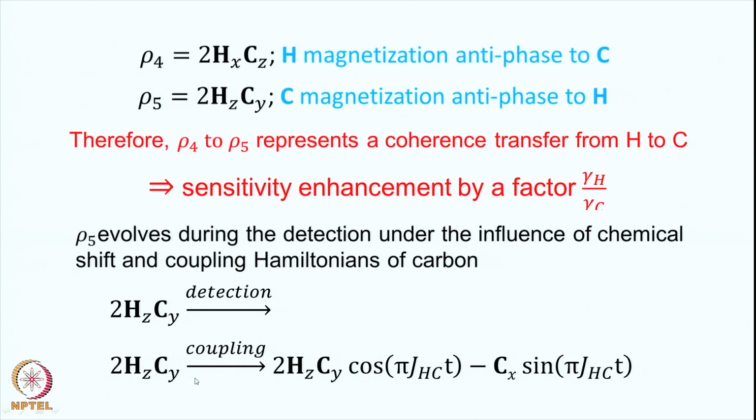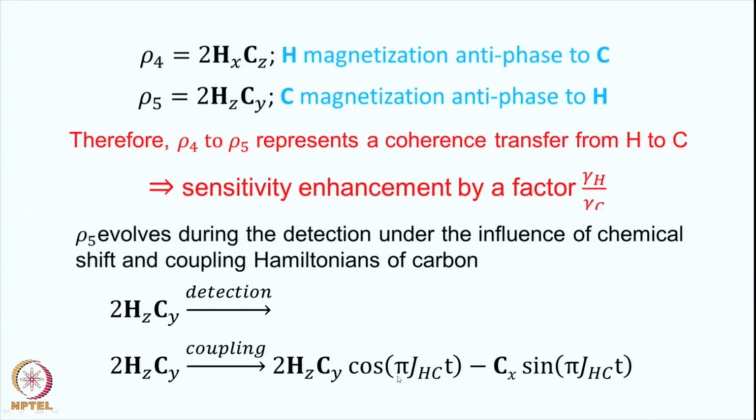So, 2HzCy is the product operator and you are considering its evolution under the influence of the coupling Hamiltonian between proton and carbon. This gives you 2HzCy cosine pi J_HC t minus Cx sin pi J_HC t. This is a function of time, during the FID.